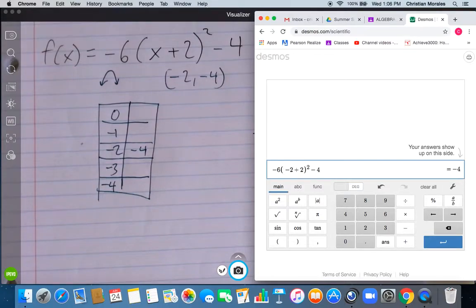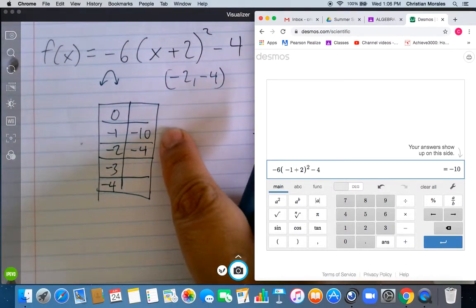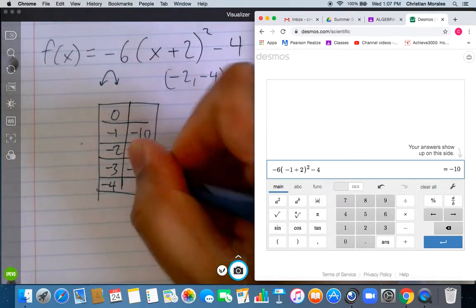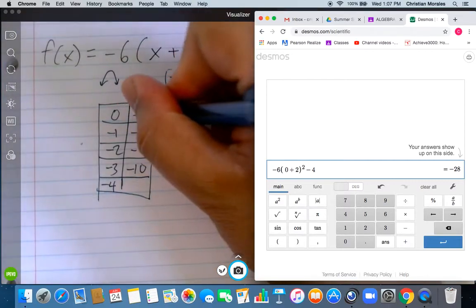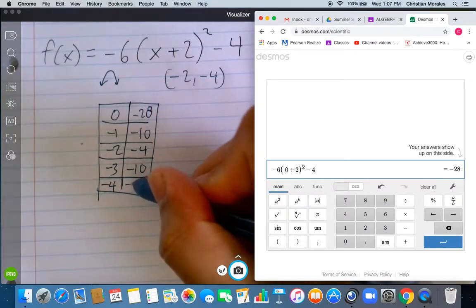Okay, we already know what happens if I plug in a -2. When I plug in -2, I get -4. If I plug in -1, I get -10. Now, what you should remember is, wait, the numbers reflect. So if I plug in a -3, I would also get -10. And if I plug in 0, I get -28. And that means down here, I should also get -28.